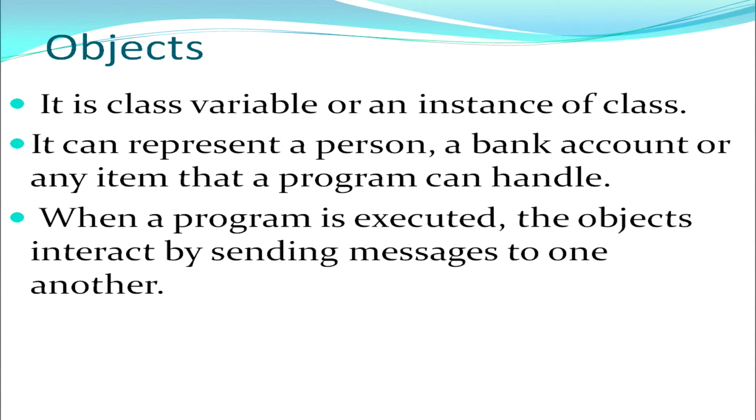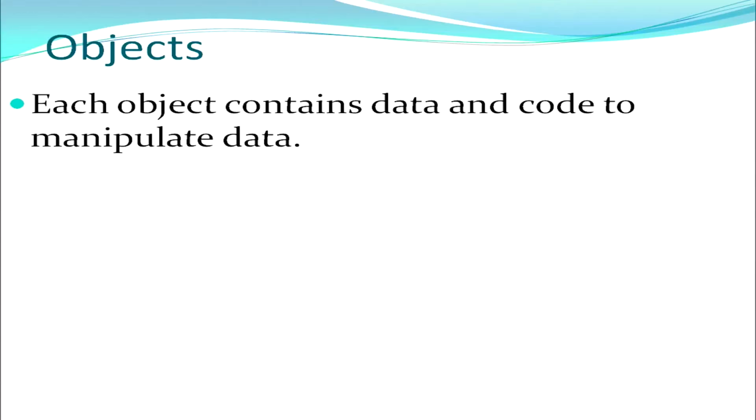When a program is executed, the objects interact by sending messages to one another. These messages are sent using the various functions that are defined in the classes. So, when I create an object as an instance of a class, those functions are automatically available for the object to be used. Each object contains data and code to manipulate that data.